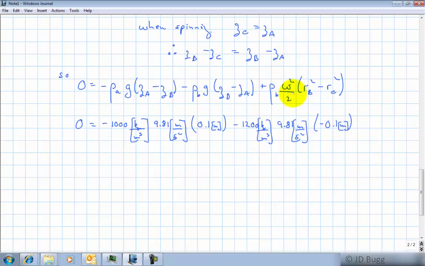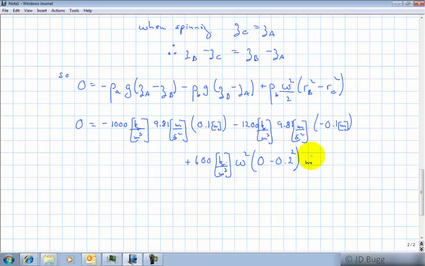And then the last term is the one with the angular velocity in it. So we add to this rho B divided by 2. I'm just going to divide the density by 2 to take this into account. So that'll be 600 kilograms per meter cubed. Omega squared, so that's what we're after, times RB squared. Well, RB is 0, it's on the axis, and RC is 0.2 meters, and that's squared.